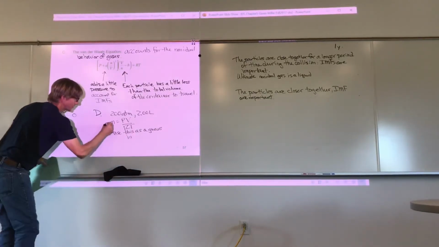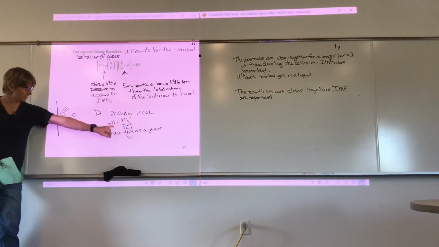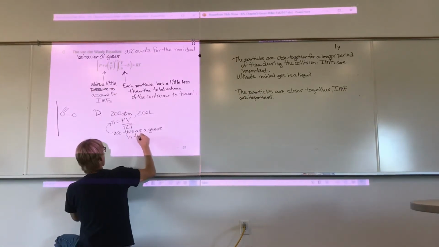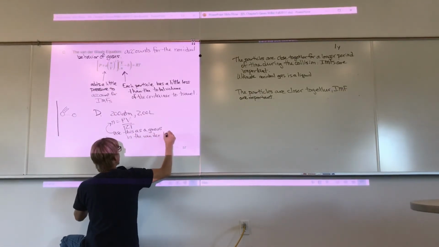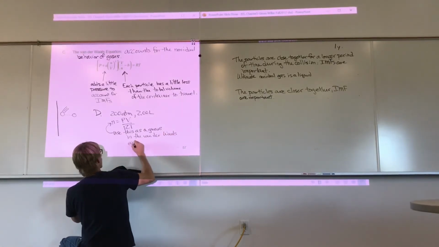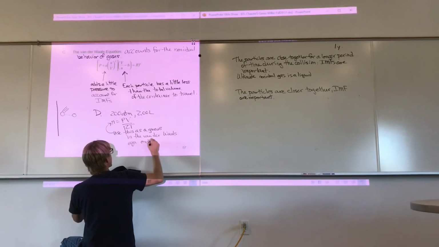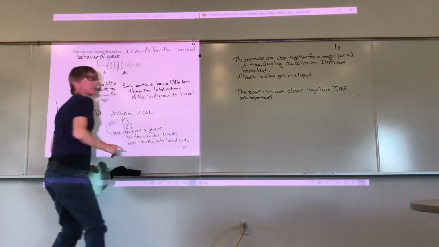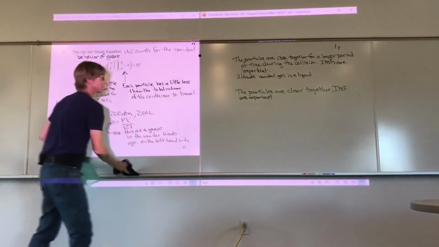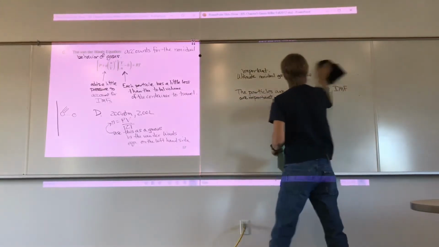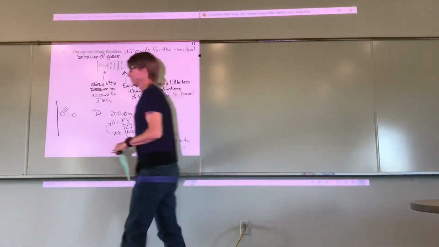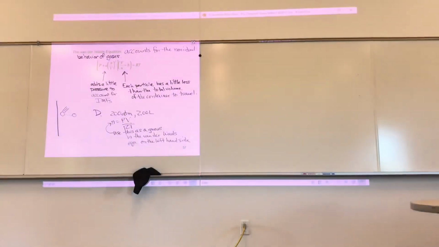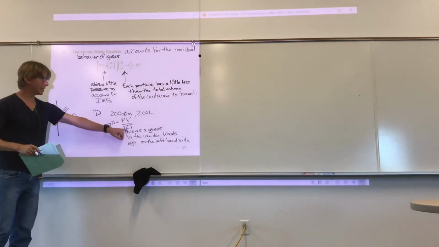And then it says, use your ideal gas law estimate as a guess in the van der Waals equation. On the left-hand side, what's that? PV over RT. So this is just a rearrangement of PV equals nRT.